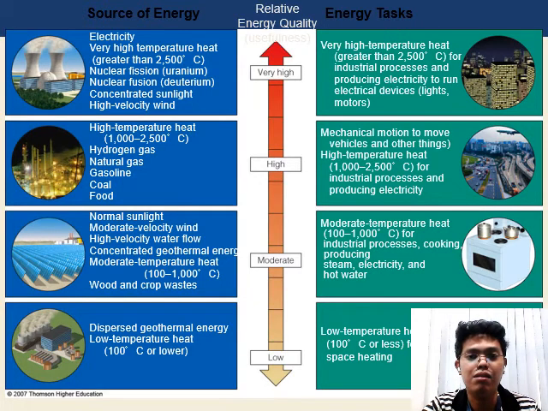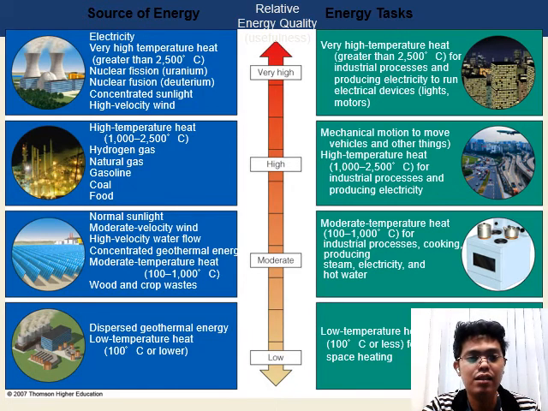An example here is electricity, very high temperature heat, nuclear fission, nuclear fusion, concentrated light, and high velocity wind, which are types of very high quality energy. So it is very useful for industrial processes and producing electricity to run electrical devices or lights or motors.